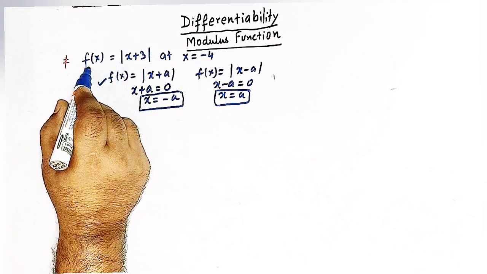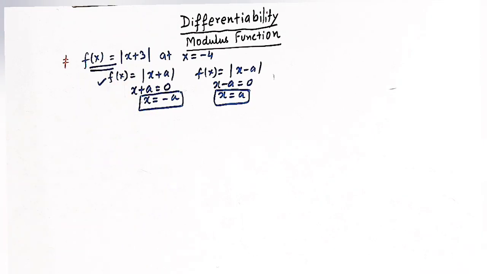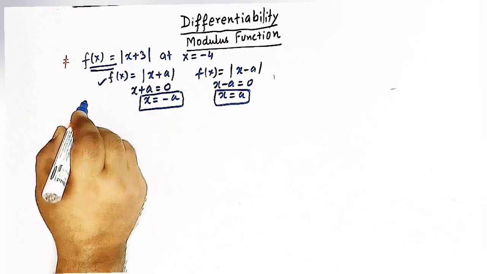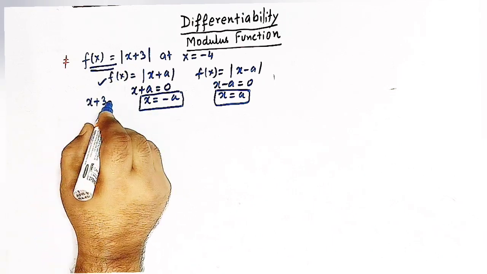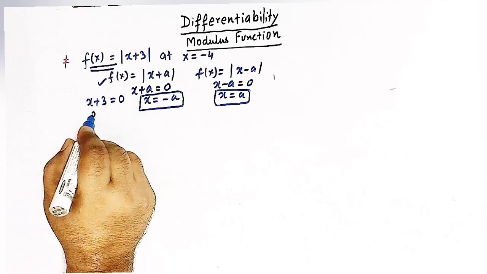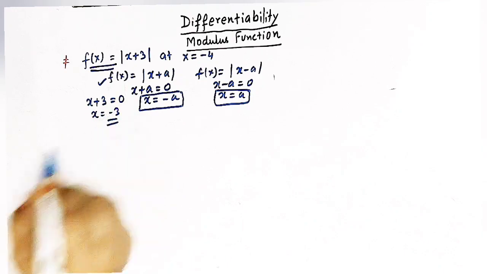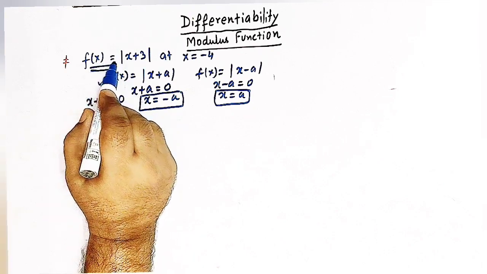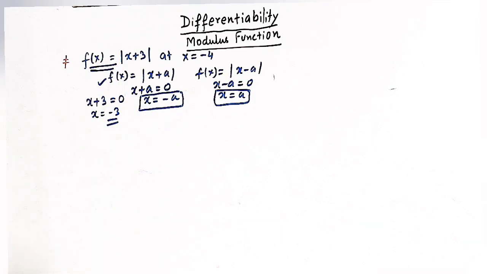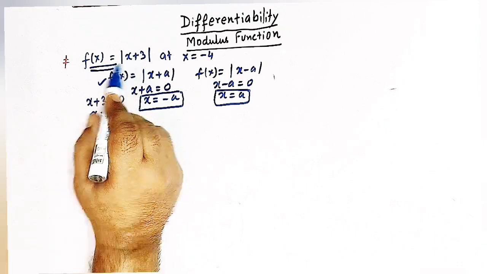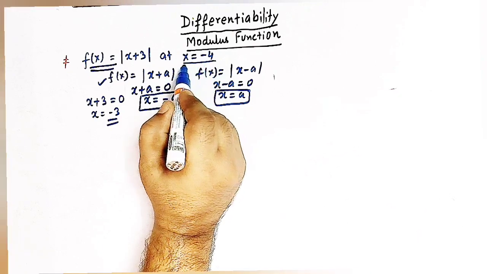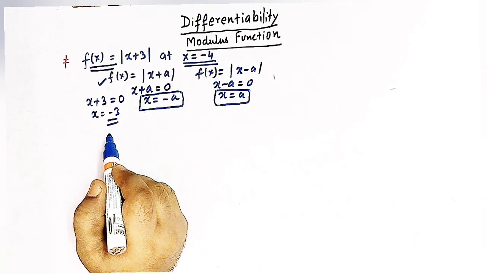This function is continuous for all real numbers, but it is not differentiable at the point where x plus 3 is equal to 0, that is x is equal to minus 3. This is the only point where f of x is not differentiable, and it is differentiable at other points, right? So here we are taking the point x is equal to minus 4.